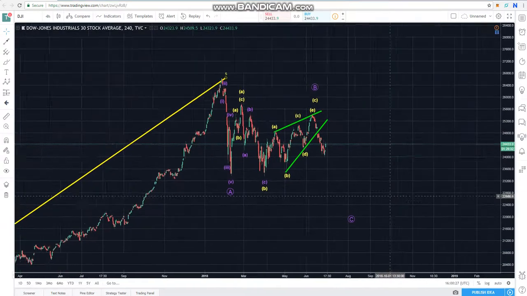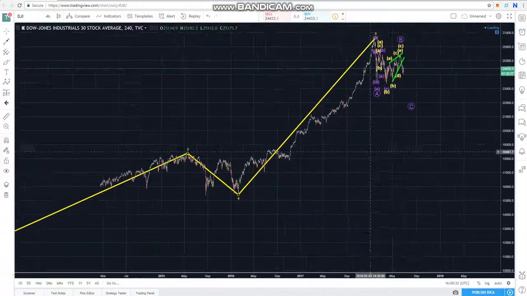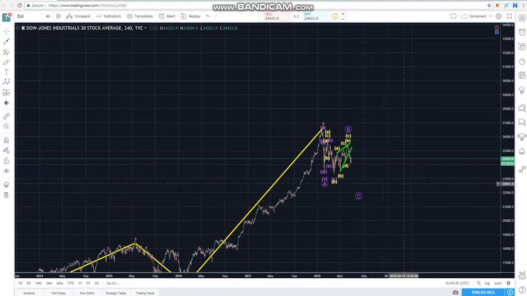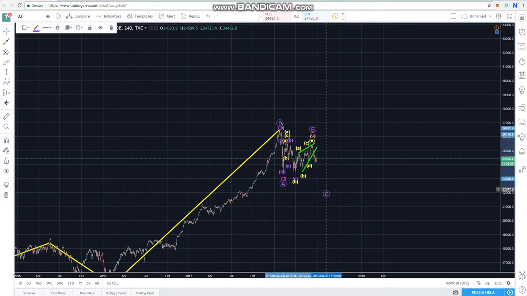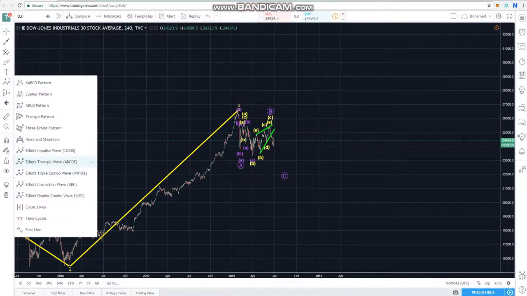And what usually happens at the end of a massive rally, which we've seen in the past few years on 1, 2, 3, 4, 5, is that a standard ABC correction would not suffice. So usually what we will see is a WXY correction.